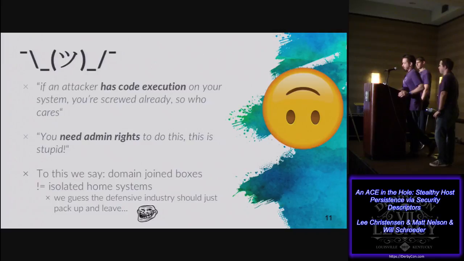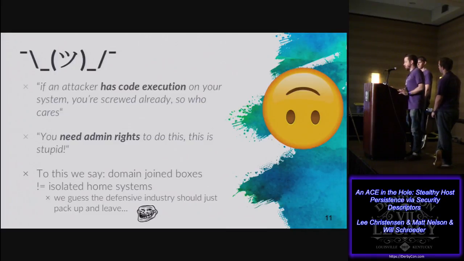Also, this touches a little bit on different things that Graeber talked about in his keynote. Some people are going to say, well, if the attacker has code execution on your system, you're screwed, so who cares? Or, you already have to have admin rights to do this. This is stupid. Who really gives a crap? To this we say, domain joined systems are not the same as isolated home systems. These components can be installed remotely before lateral movement.